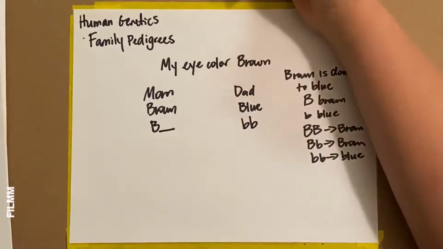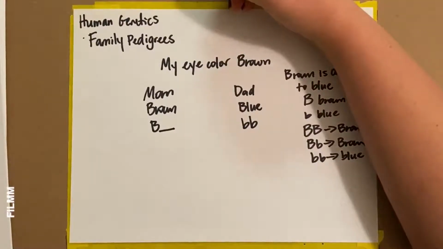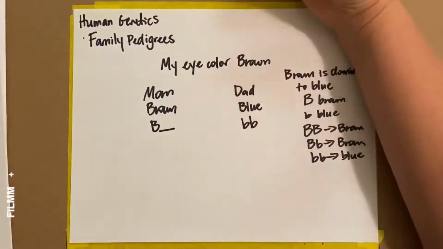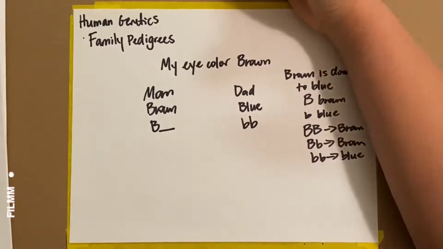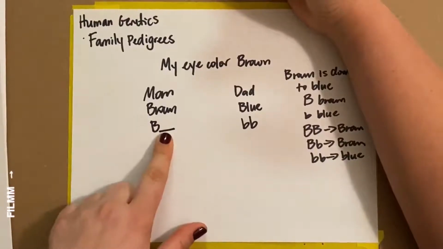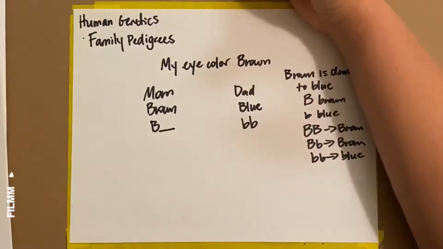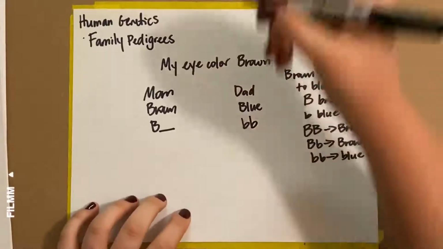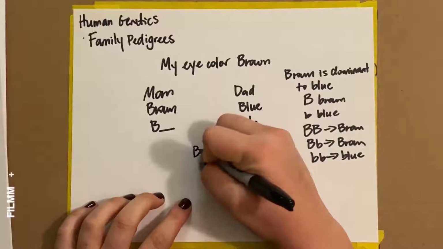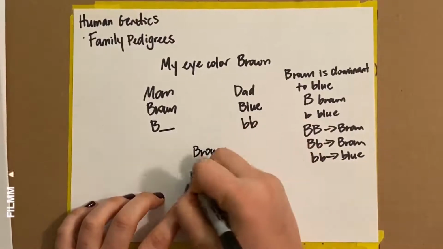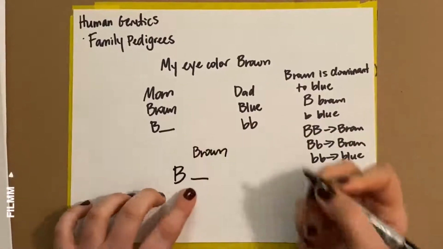Another thing is my mom was adopted, so she's been able to find her genetic mother's eye color, but she doesn't know her genetic father's eye color, so we don't have any idea what he had. For me, I have brown eyes, so I have B something.